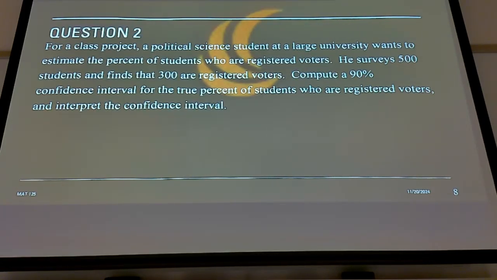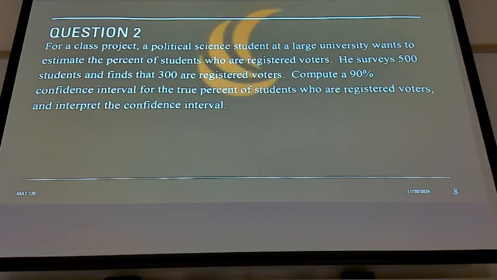Are there 2 categories? Yeah. What are the 2 categories? Are there at least 10 in each category? Yes. All the conditions are satisfied. So it's valid.